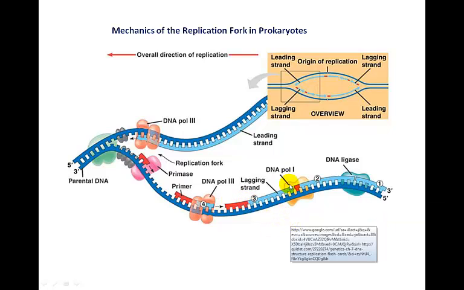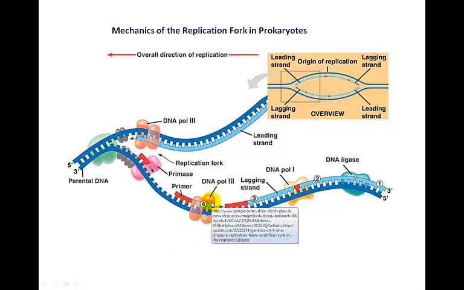And now DNA polymerase 1, as soon as the polymerase 3 encounters the primer before, DNA polymerase 1 adds, and it removes the primer through its 5' to 3' exonuclease activity, and then it will start right here at this 3' end, and it will continue the synthesis of the DNA strand until the two DNA strands are next to each other.